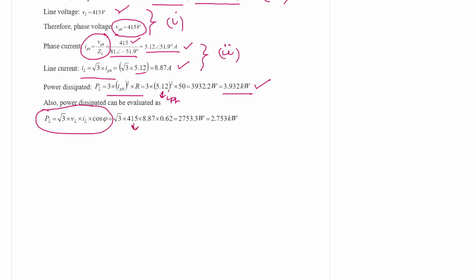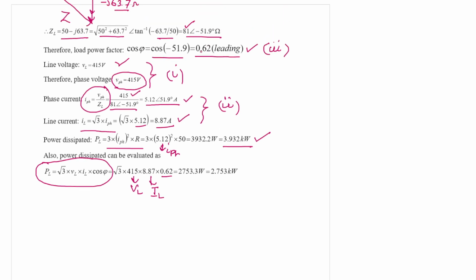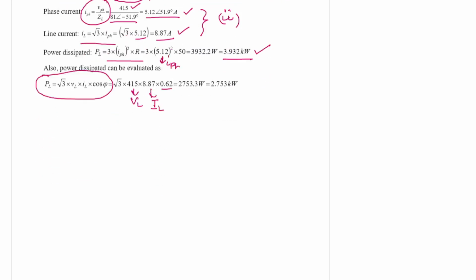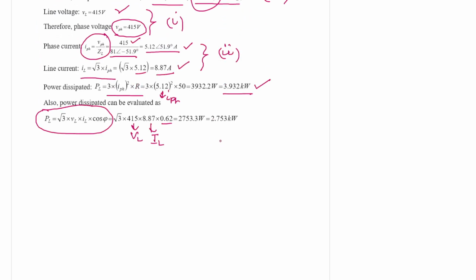VL is 415 volt, IL is evaluated as 8.87 and power factor we evaluated as 0.62. If you solve this, we will get the same answer, 3.932. I request you to verify this result.